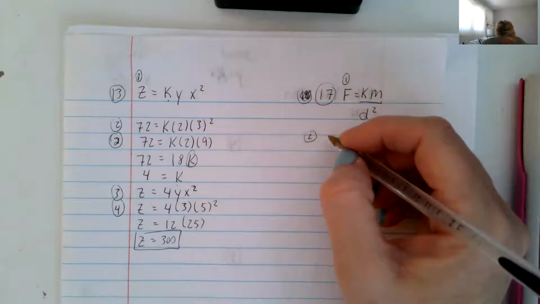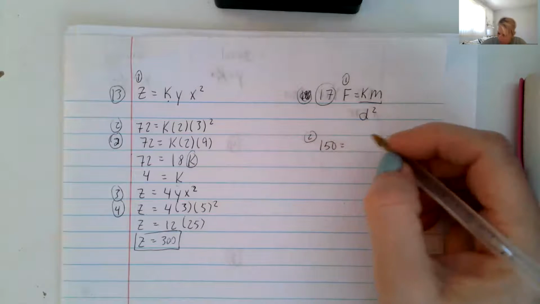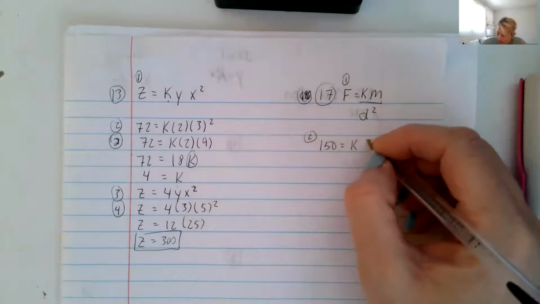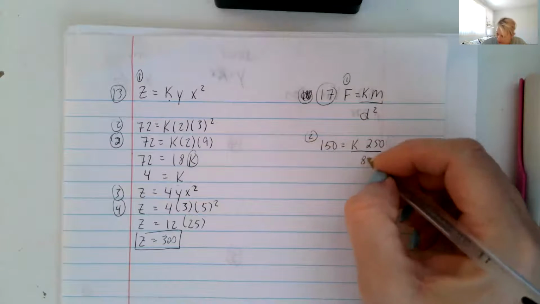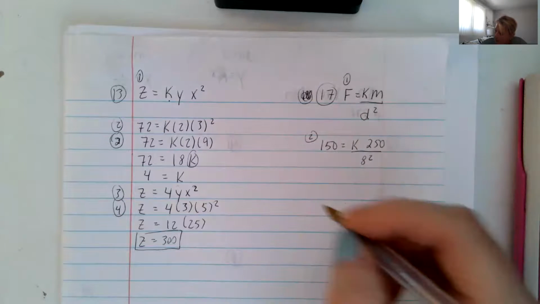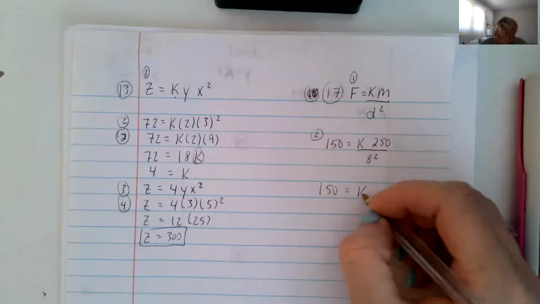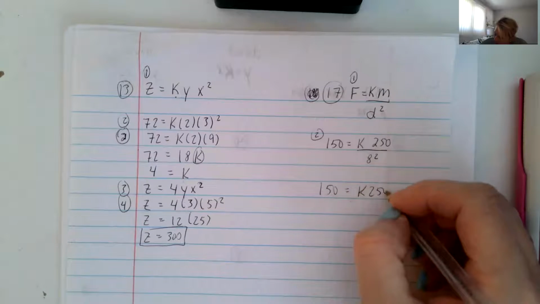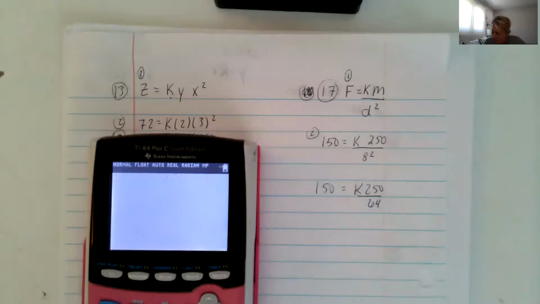It says if F is 150 when M is 240 and D is 8. Okay, so let's solve for this. So this is K, 240 divided by 64.